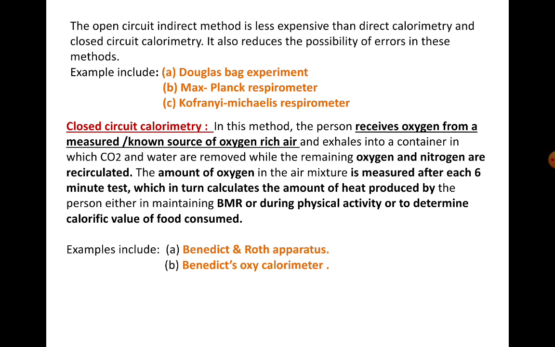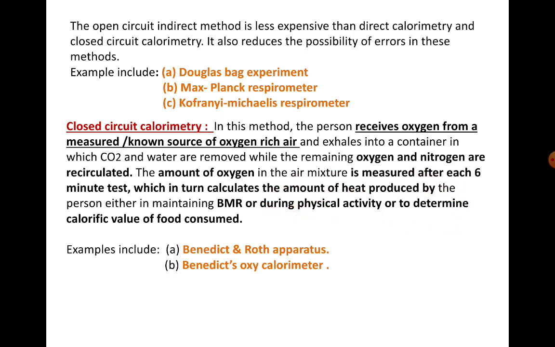So in this experiment, however much oxygen the person consumes in 6 minutes is recorded, and you will convert the volume of oxygen consumed into kilocalories of energy, that is, the heat that is going to be put out. This heat production can again be used to calculate BMR or the heat that is spent by the person during any physical activity.